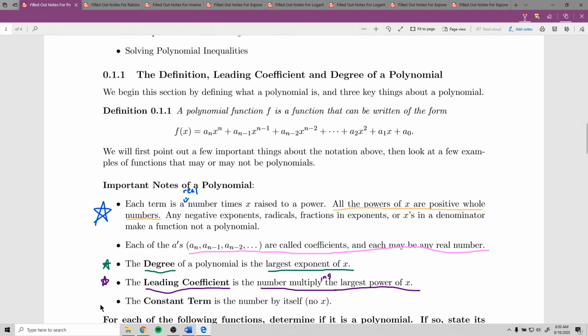And finally, you have the constant term, which is the number by itself. In the formal definition up here, the constant term is just the a0, but what you're looking for is something without an x.